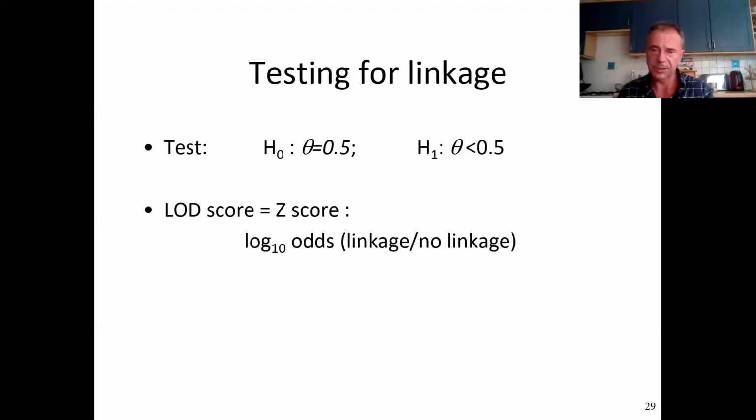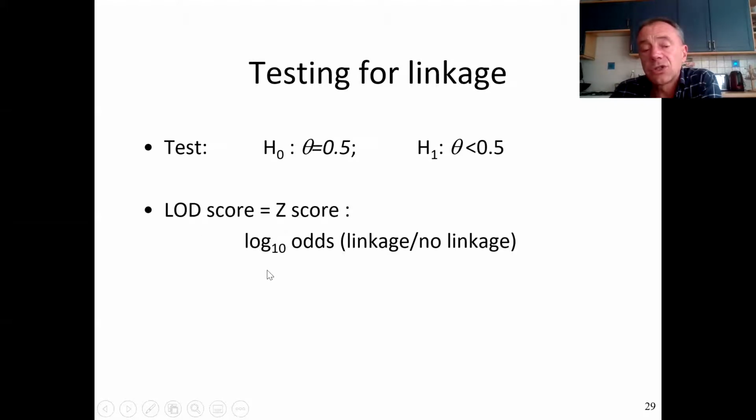We're going to calculate a test statistic based on the likelihoods under the two hypotheses. It's called odds, but odds has a different meaning in a lot of modern statistics. It came from the term log odds. I think a modern statistician might shy away from using the term odds here. What we're going to do is take a likelihood ratio: the likelihood under linkage and the likelihood under non-linkage. That's the ratio, which we're calling the odds of linkage.